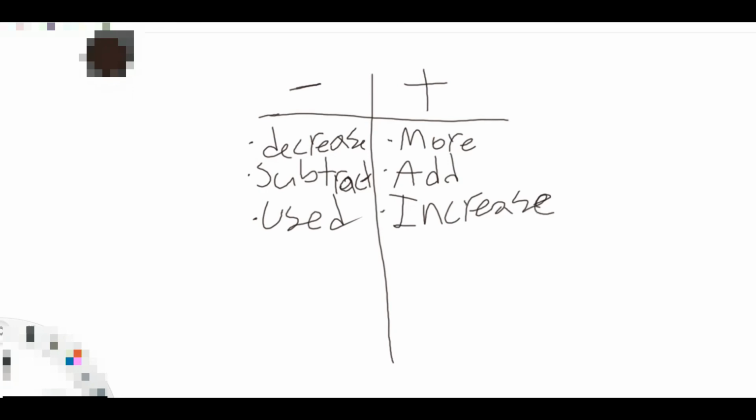For the negative keywords, it could also be down. For example, the helicopter went down 3,000 meters. No, let's say 300 feet. So it could be down also.